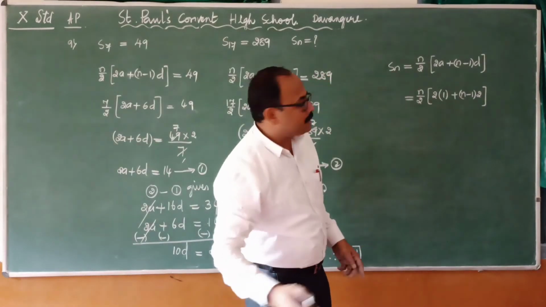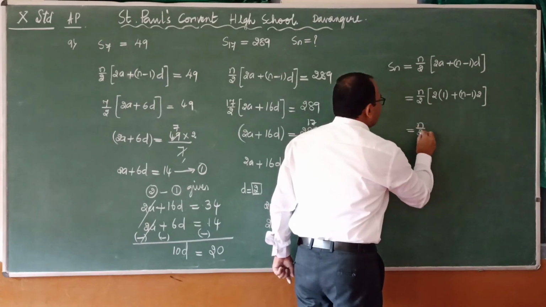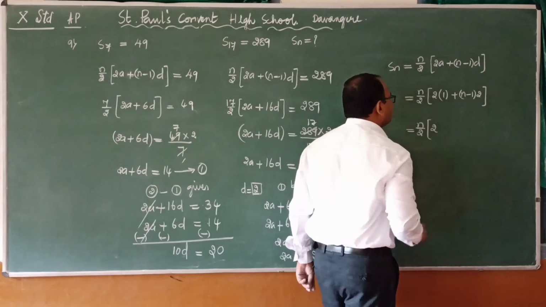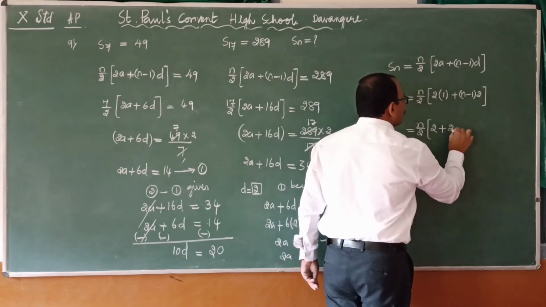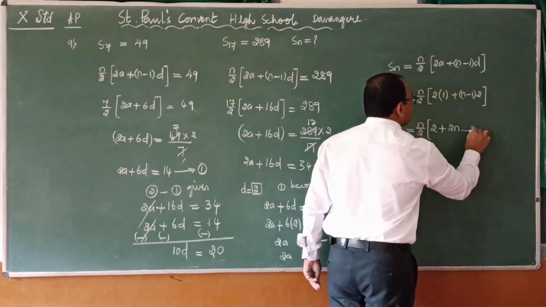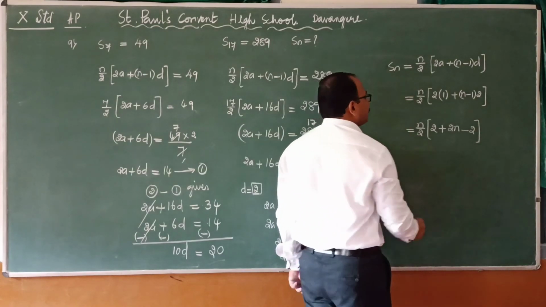Let's simplify this, which will be equal to n by 2 into 2 into 1, 2, plus n into 2 becomes 2n, minus 1 into 2 becomes 2. Slowly find the value of this.